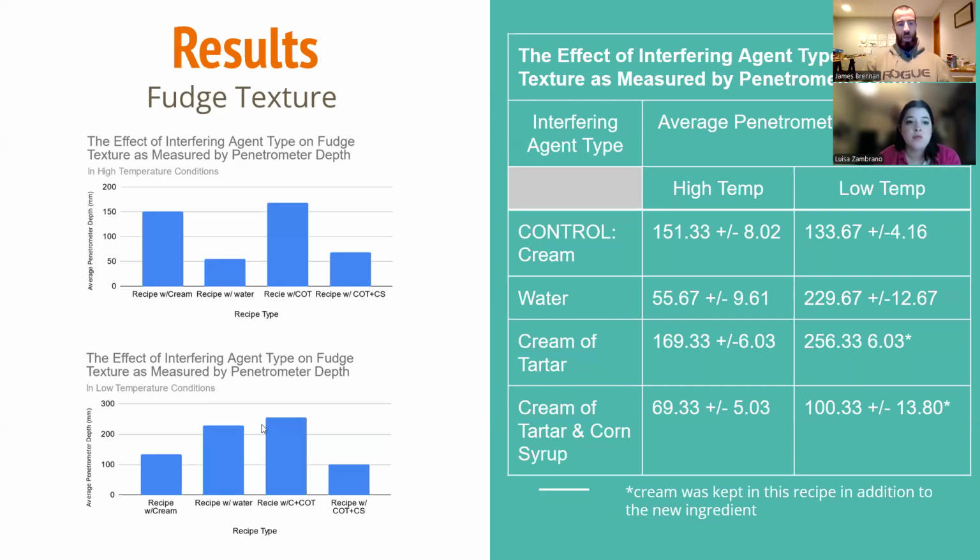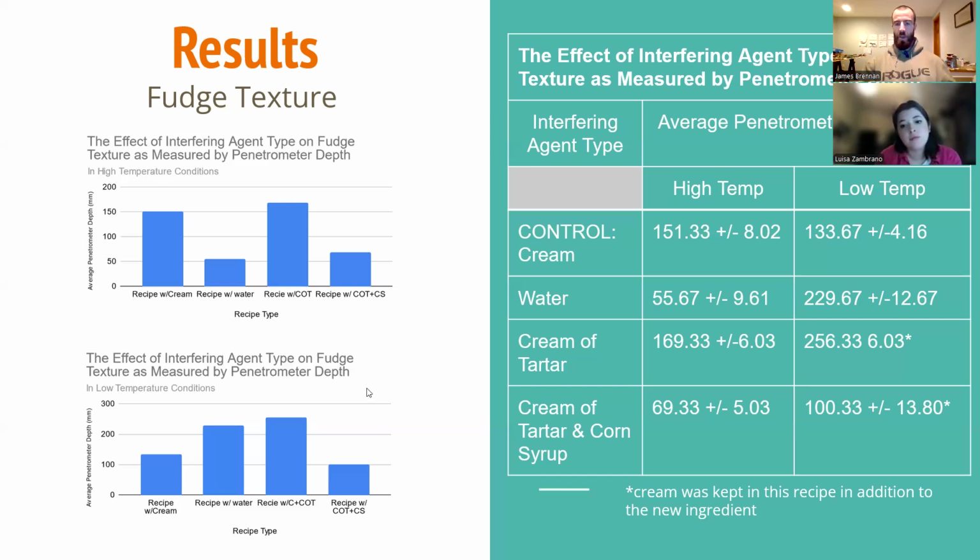And on the bottom, we had a low temperature condition in which the temperature went up to 112, which is 234 degrees Fahrenheit. We can see on the table on the right the data from the high temperature and the low temperature conditions.